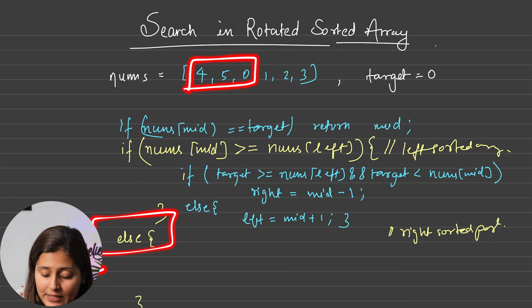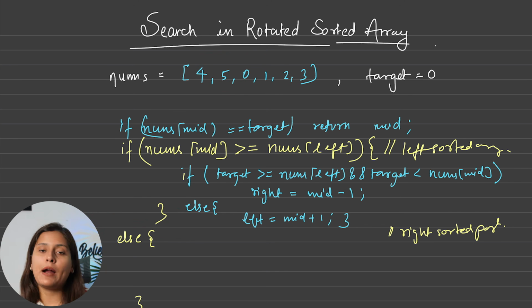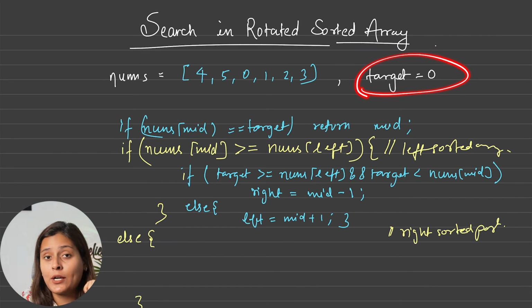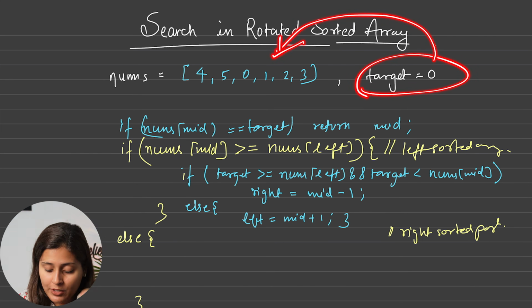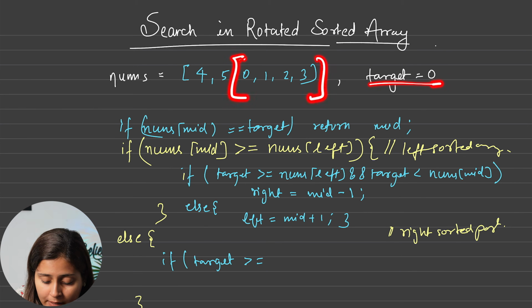So now you will fall in this else case saying that yes, I found the right part is sorted. But even if the right part is sorted, what is my job? First find if the target exists in that right part or not. So what I will do in this case is, if my target is a part of this, it should be greater than this mid and less than or equal to what?